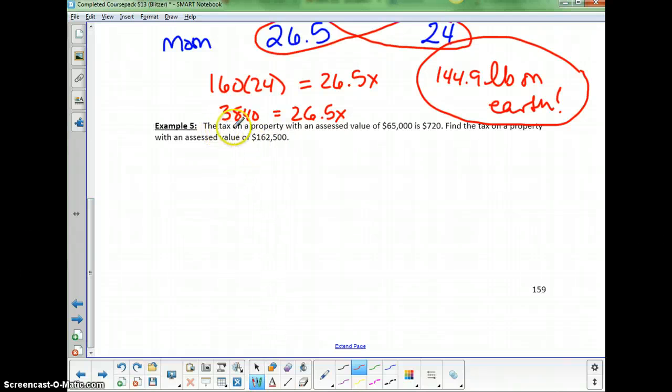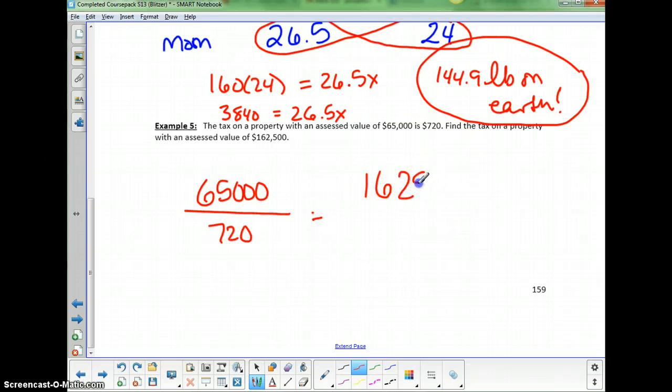Another example, the tax on a property assessed at $65,000 is $720. Find the tax on a property with assessment value of $162,500. Okay. If they're in proportion, then I would set it up as, oops, let me erase. The first value wasn't 165, it's just 65,000 over 720 equals 162,500 over, I don't know, over x, and we'll cross multiply again.